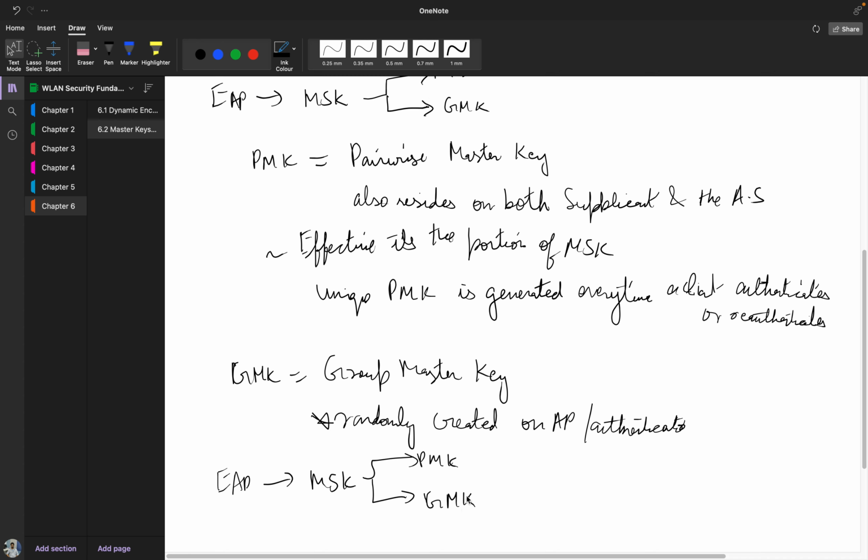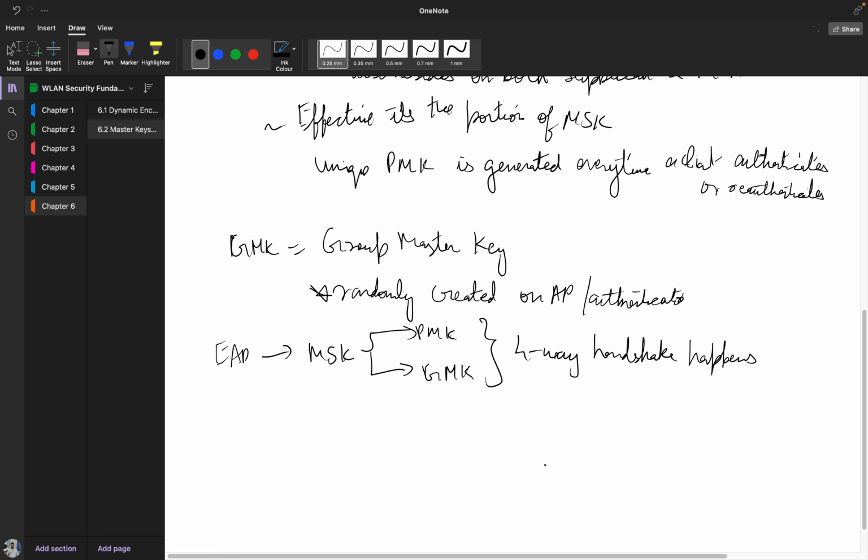Now after this, the four-way handshake happens, and that's when the temporal keys are created.